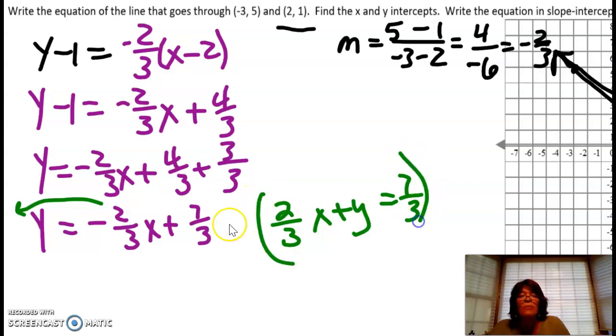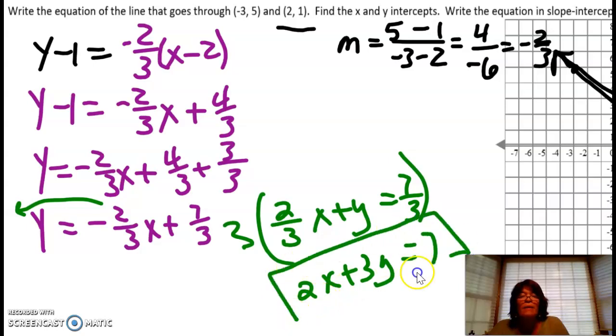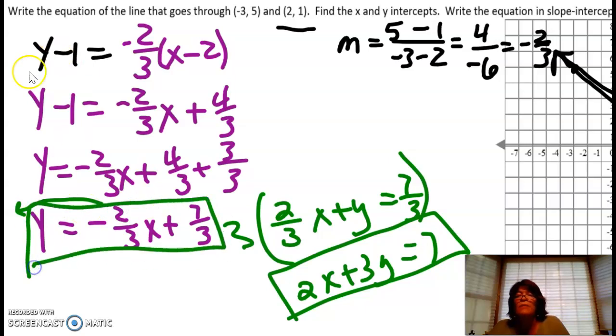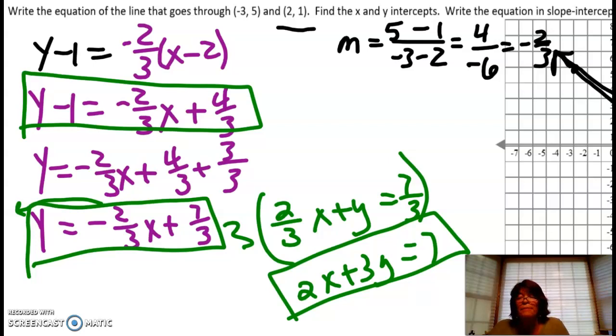So I really just have to multiply everything by 3 yet. There's standard form, slope-intercept, and I used point slope to get me there. Okay? I need to find the x and y intercepts yet, which I will do in the next video.